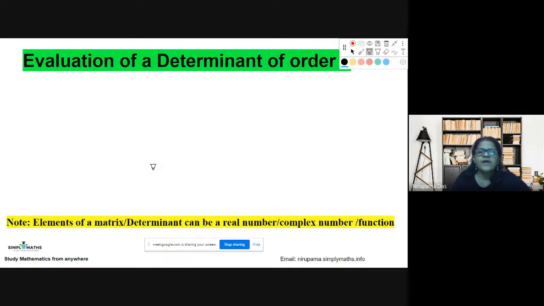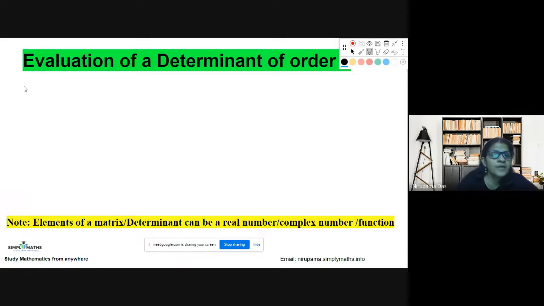Then how to evaluate a determinant of order 2. In our class 12 syllabus, we will be dealing with determinants of order 2 and 3. When I say determinant of order 2, it is the corresponding determinant of a matrix of order 2 by 2, meaning having 2 rows and 2 columns.